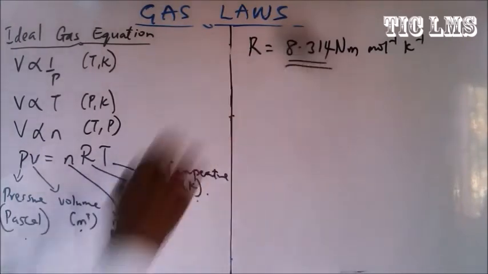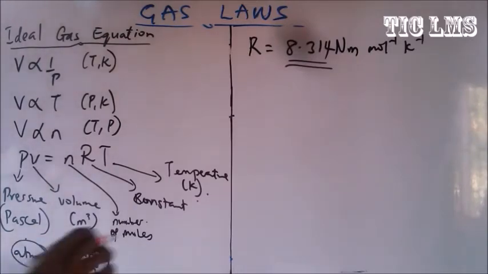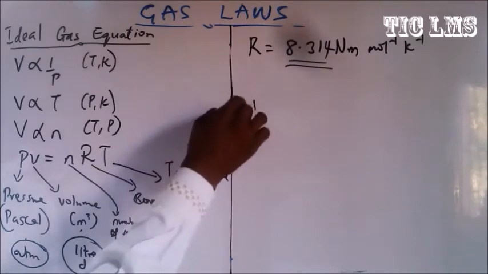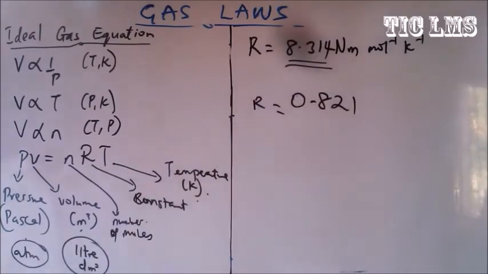So this is the value of the constant, and there are times when the units of some of these parameters change. For instance, when we have our volume in liter or dm cubed, and then we have our pressure in atmosphere, and then we have our temperature still in Kelvin, R will change to 0.821.